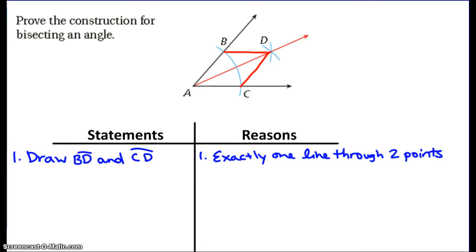So, step 2. I know that AB is congruent to AC. Well, the reason for that is I made one arc from point A through the angle. So AB and AC have to be the same because of the same compass setting.